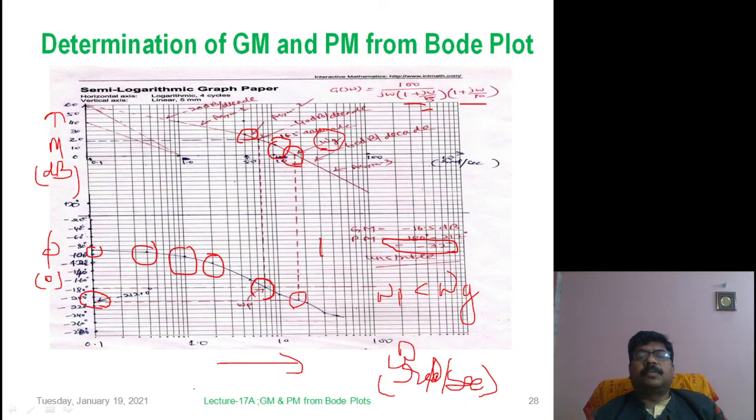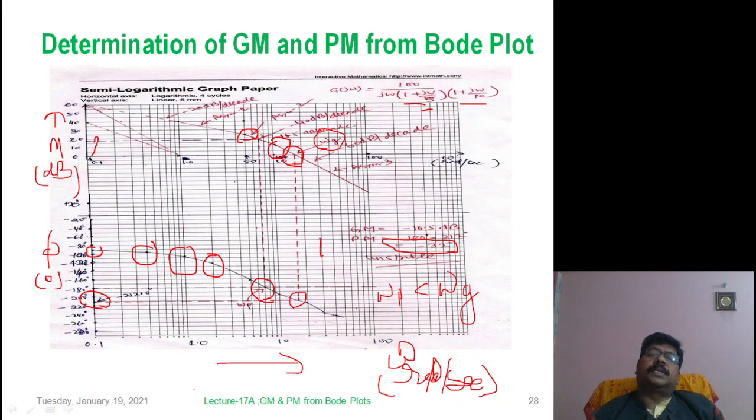While for the gain margin, for the phase crossover frequency, you have to draw a line parallel to the y-axis up to the magnitude plot. From that point we draw a line parallel to the x-axis or frequency axis. It touches at this point. So the gap between this 0 dB and this is coming to 16.5 decibel.